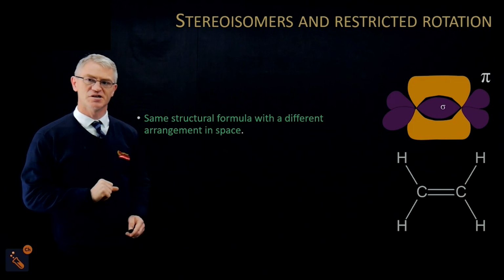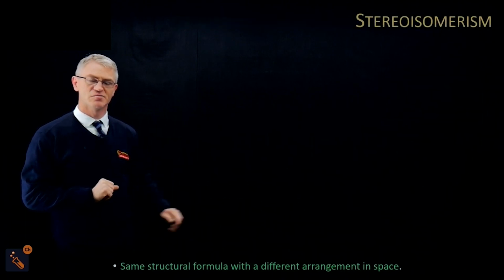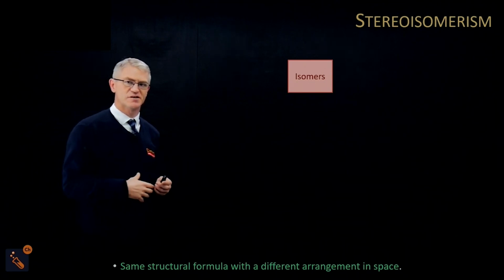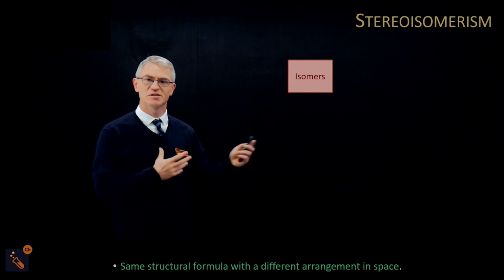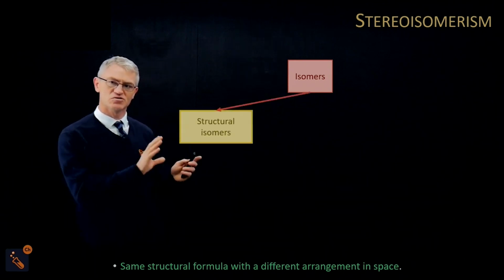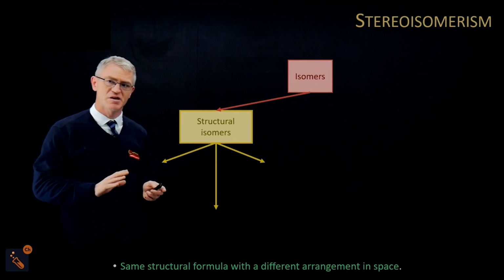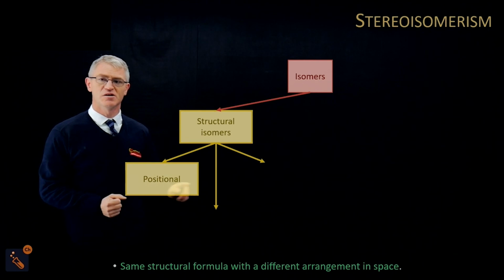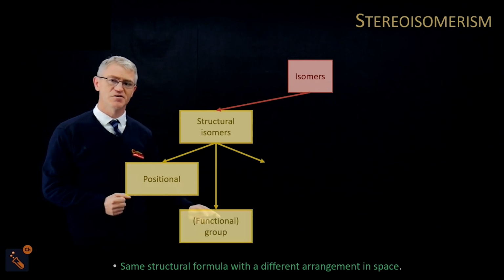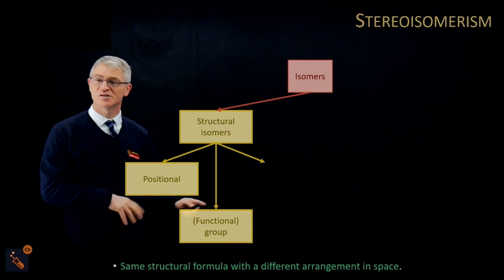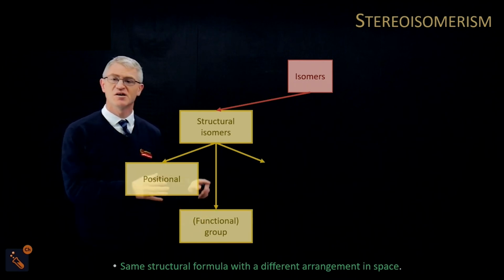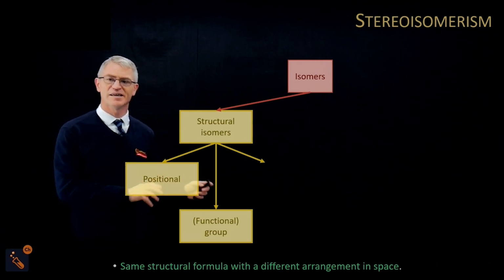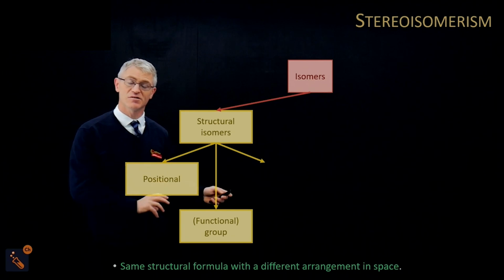Like I said, it's in green in these videos, and we'll leave it across the bottom just to keep it in your mind. Now, the isomers you've come across so far and will come across in the future are split into these sections. So structural isomers, and hopefully you remember that there are 3 types that we talk about: positional, when you move the functional group along the chain; functional group, sometimes called group isomers, where you can change the functional group, for example, aldehydes and ketones, or cycloalkanes and alkenes, or ethers and alcohols.